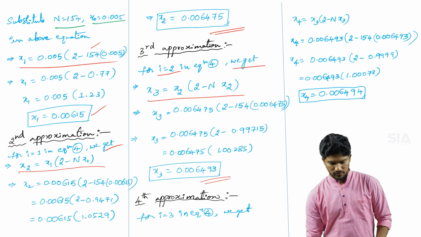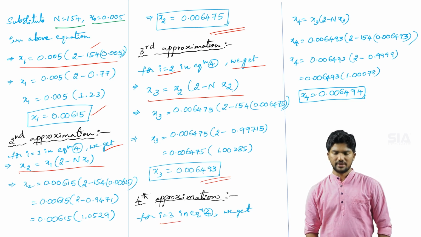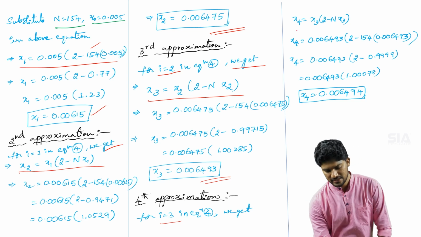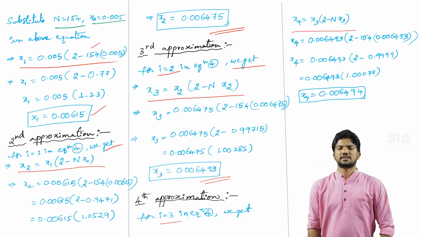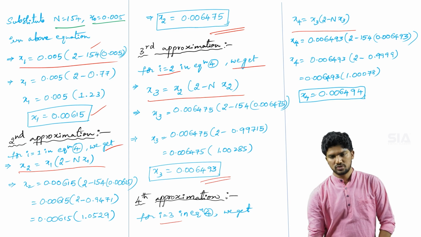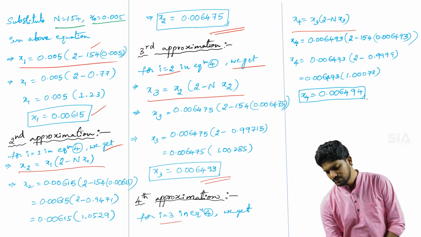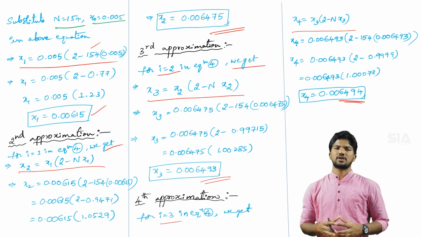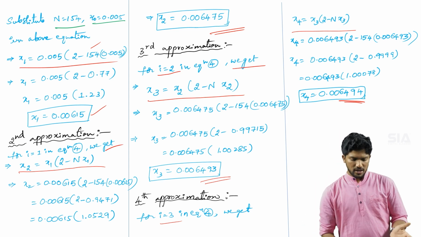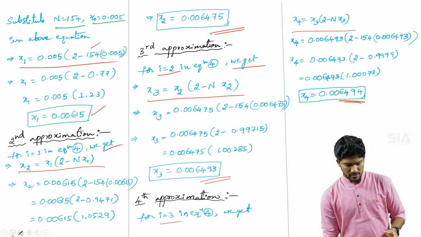Okay. So next, the fourth approximation, for i is equal to 3 in equation number 4, you will get x suffix 4 is equal to x suffix 3 into 2 minus n into x suffix 3. If you substitute and simplify the values, then you will get x suffix 4 is equal to 0.006494. So you have to do the iteration process like that.